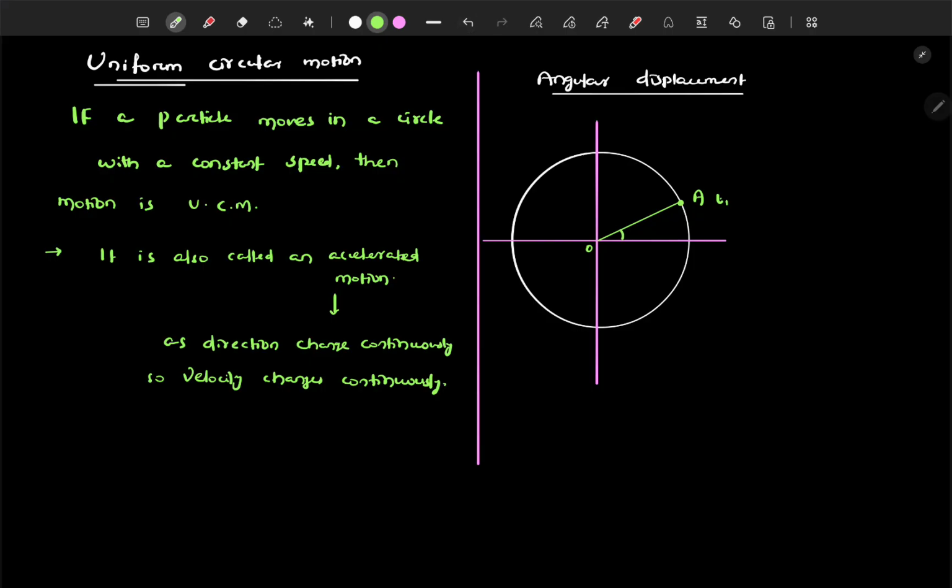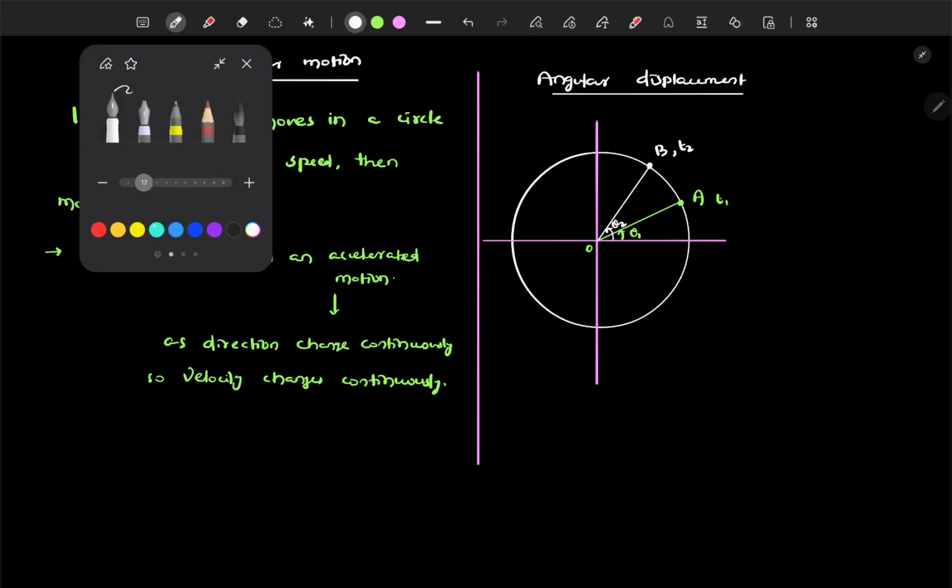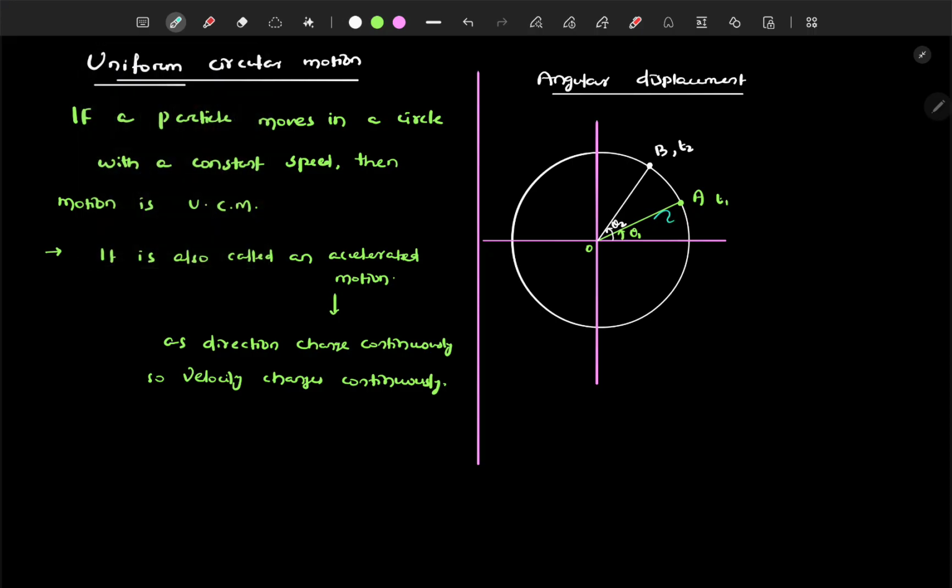And when it is at point B, at time t2, the position vector makes an angle theta 2 in the anticlockwise sense. This angle is theta 2. Remember, this is the radius r and this is also radius r.